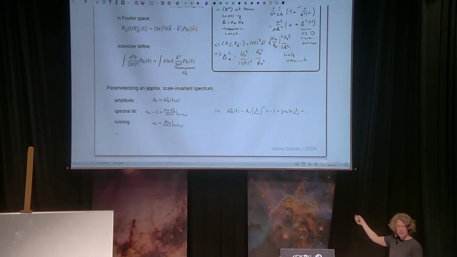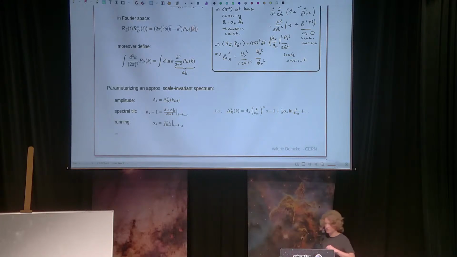Now, phi dot I can express in terms of the first slow-roll parameter, which was basically phi dot over H squared. And H itself I can express by the scalar potential, because H, according to the Friedmann equation, is just the scalar potential.